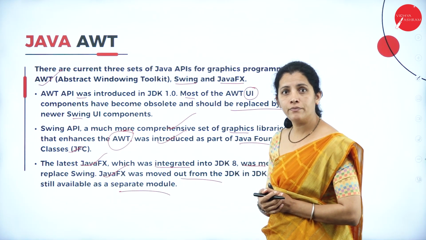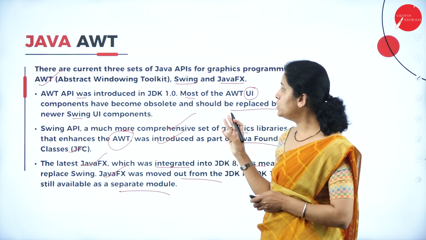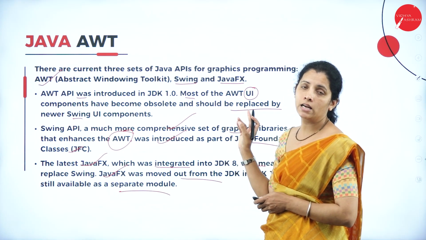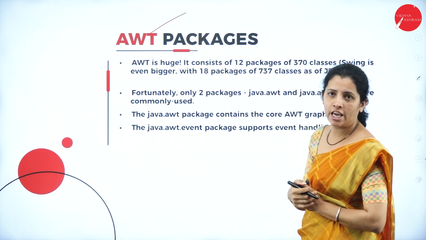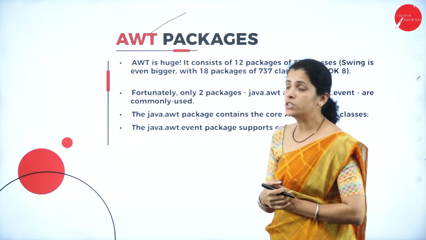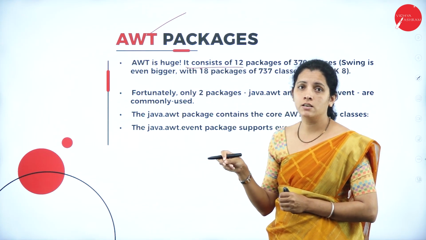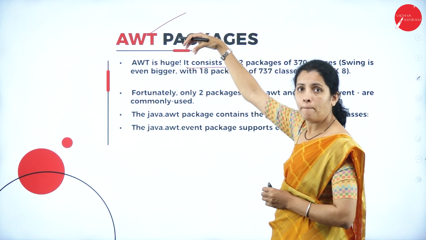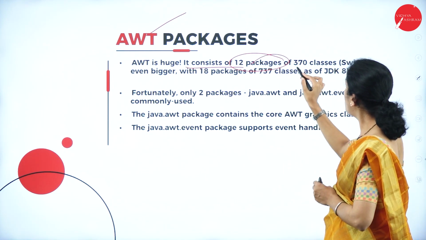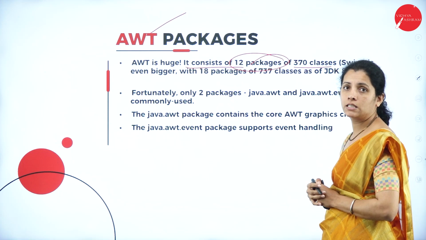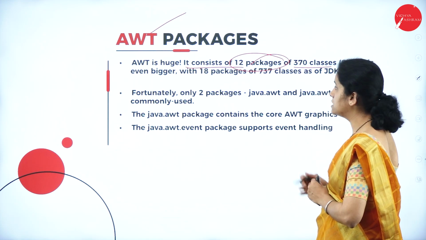So what are the three different sets of APIs we can use here? AWT, that is Abstract Windows Toolkit, Swing, and JavaFX. Now, the AWT package is huge in the sense it provides 12 packages and 370 classes.